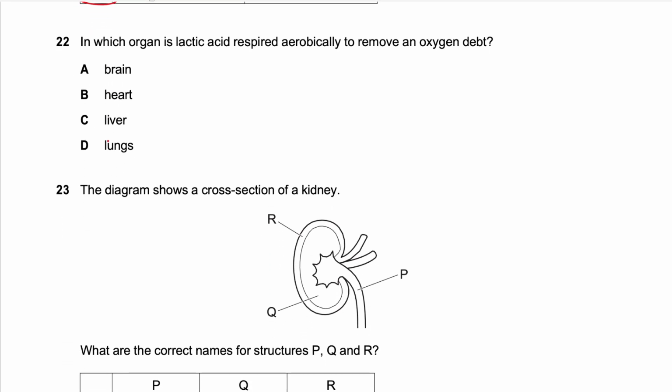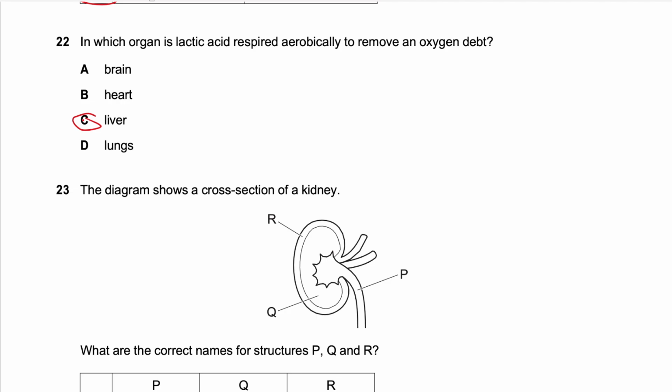In which organ is lactic acid respired aerobically to remove an oxygen debt? I will explain it, but directly I will tell you the right answer here is the liver. But what is happening in this procedure? After intense exercise, the body accumulates lactic acid due to anaerobic respiration, a shortage in oxygen. To remove this lactic acid and repay the oxygen debt, the lactic acid is transported to where?